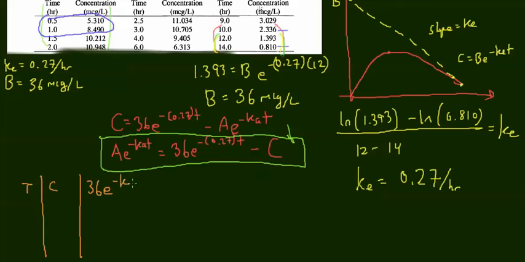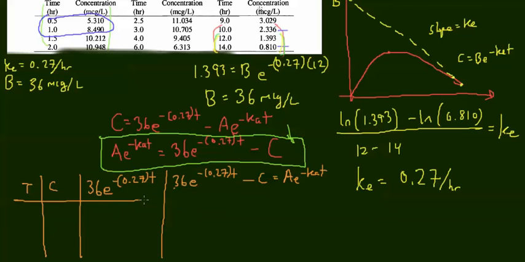Let me just write this straight out. And then you have 36 e to the negative 0.27 t minus C, which is also equal to this.